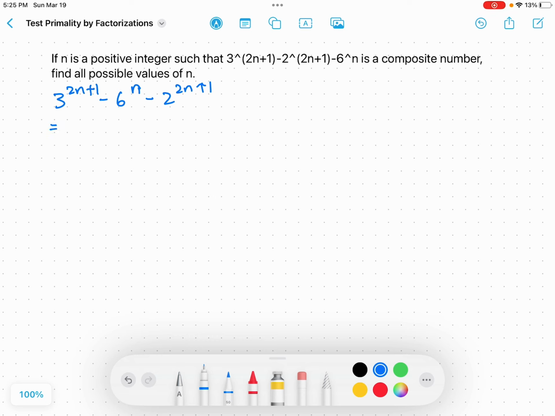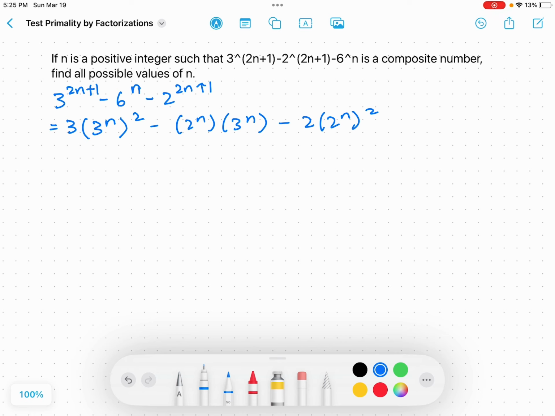We can break it down into 3 times 3 to the power of n squared minus 2 to the power of n times 3 to the power of n minus 2 times 2 to the power of n squared. We have changed this into the format of the cross method. Now, we use the cross method to factorize.